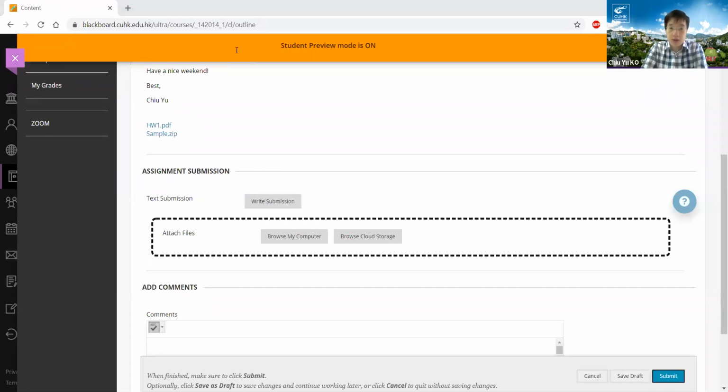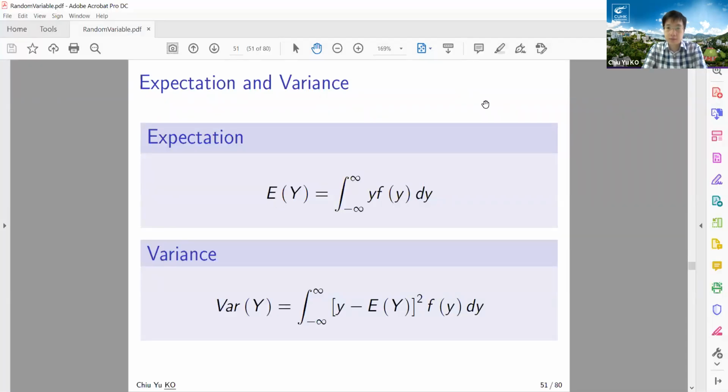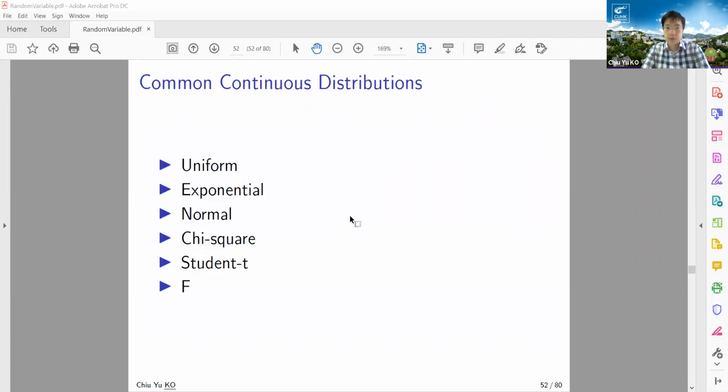So let us go back to the review part. And then I think in the last class we covered the uniform and exponential, right? And some of the normal. So today we'll touch a bit on normal and then give some idea of the chi-square, student T and F, okay?